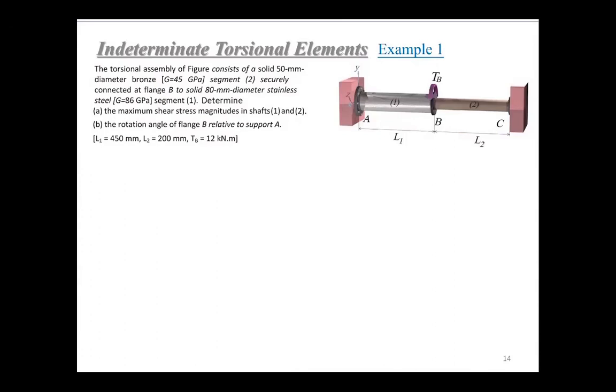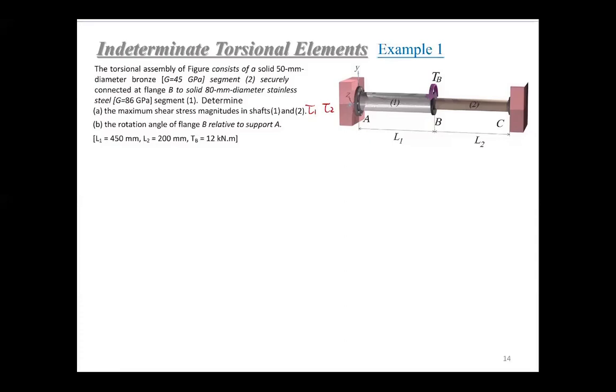The torsional assembly in this figure consists of a solid 50 millimeter diameter segment 2, securely connected at flange B to a solid 80 millimeter diameter steel segment 1. Determine the maximum shear stress magnitude in shafts 1 and 2 and the rotation angle of flange B relative to support A. We're determining tau 1 and tau 2 maximum values.